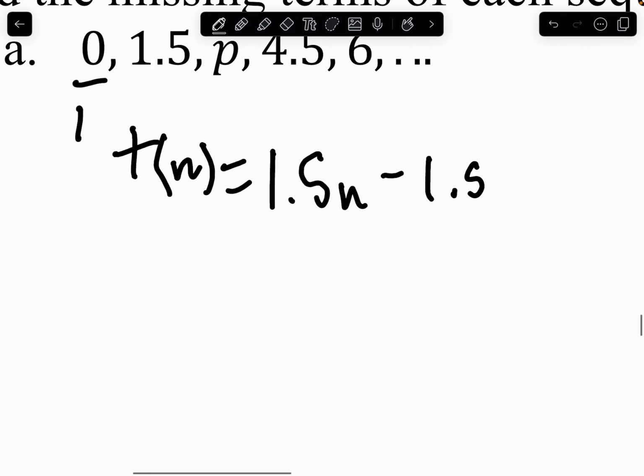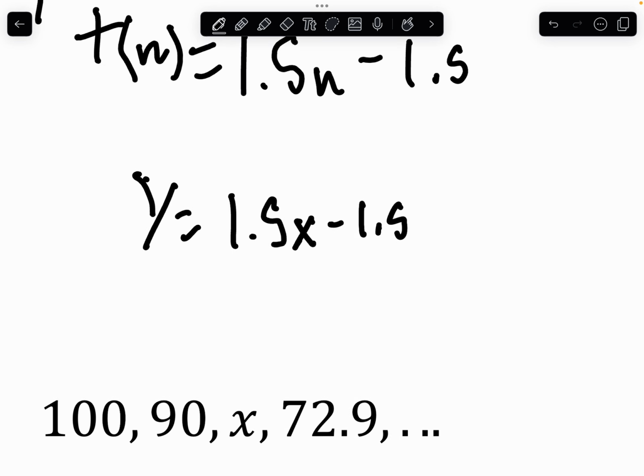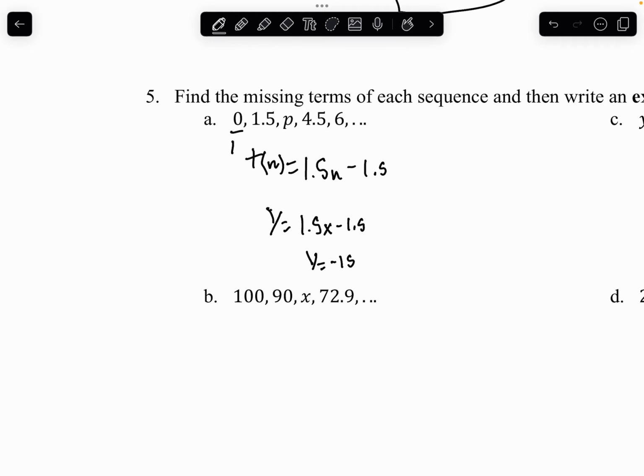So this is basically, if you want it in y equals, it'd be like y equals 1.5x minus 1.5. Now if we had 0 for x, it'd be 1.5 times 0, which is 0, minus 1.5. It'd be y equals negative 1.5 when x is 0. So that's how I got this number over here.